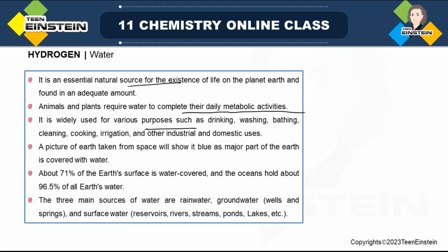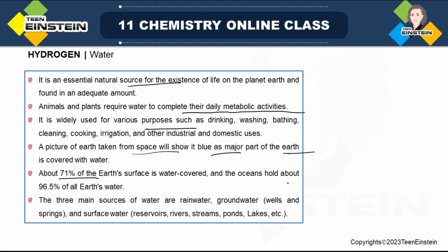When we take a picture of Earth from space, it is observed as blue, and the reason behind it is that a major part of Earth is covered with water. So what is the major part? It is 71% of Earth's surface which is covered with water. So 70% means it is almost 2/3, right?